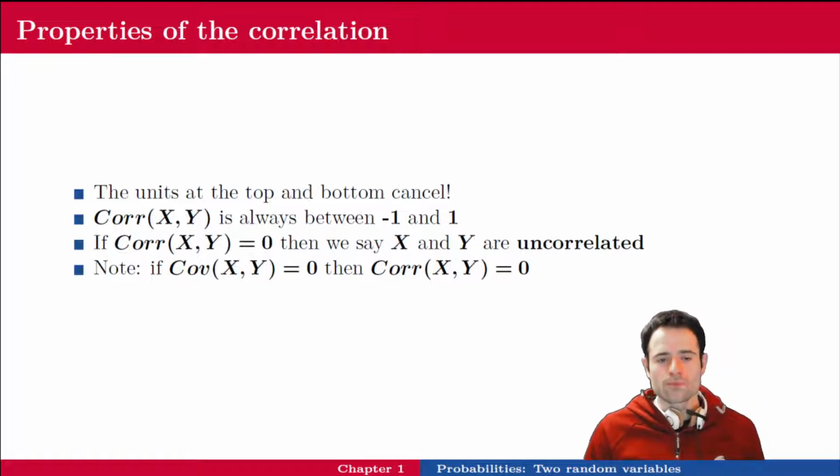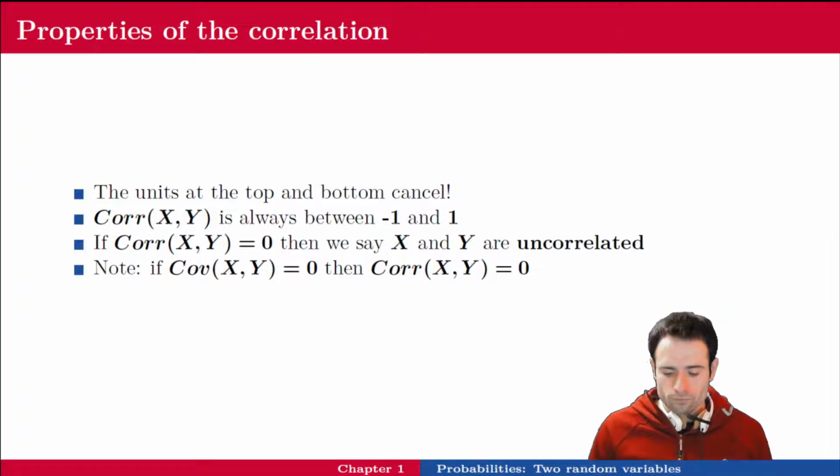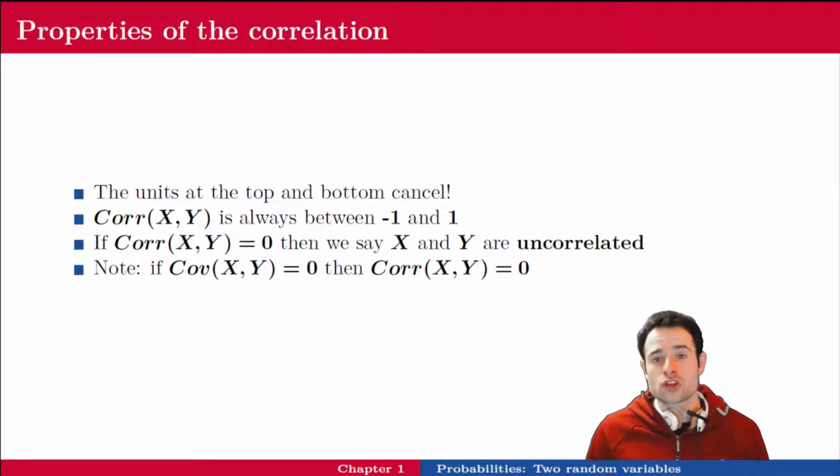Okay, so the bottom line of this section is that we have two other measures which are commonly used to look at the covariation between two random variables. But as you saw in the properties, you can also do this with more than two random variables.